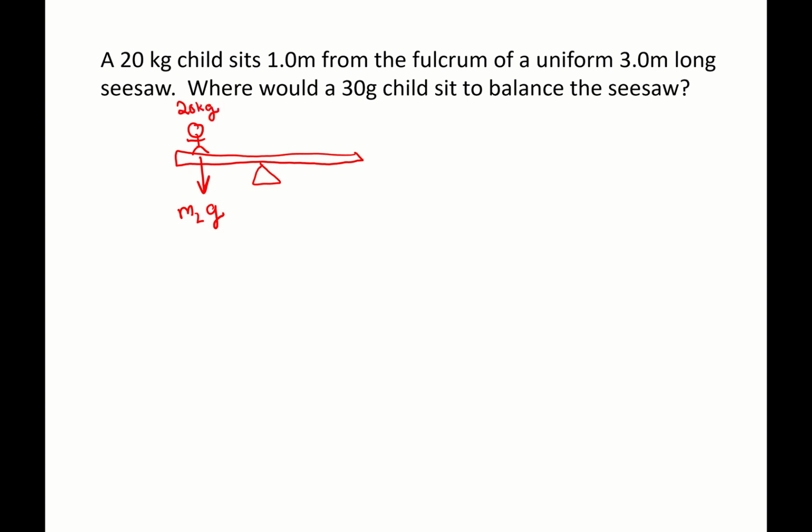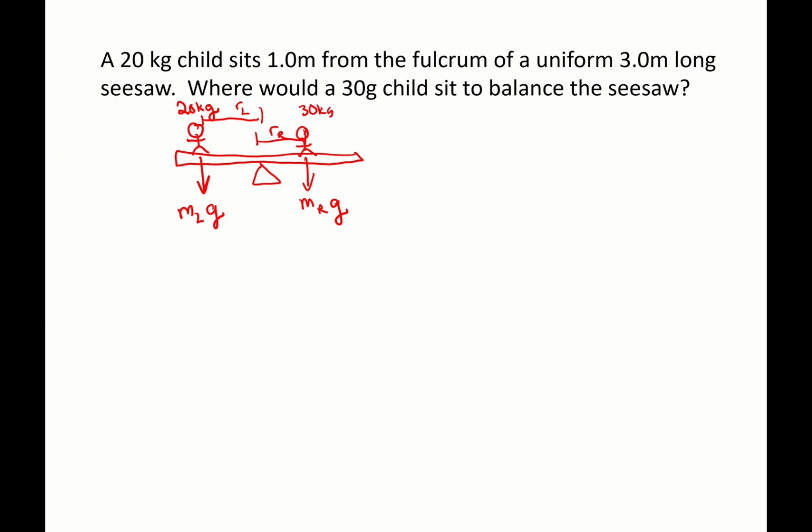It doesn't say which side they're on, so I'm going to write their mass as ml, and their distance RL of 1 meter from the center. Then I've got a 30 kilogram kid on the other side, and they're going to have their weight downwards. Their mass is 30 kilograms, and their distance from the center, I'm going to call it R right, we don't know.